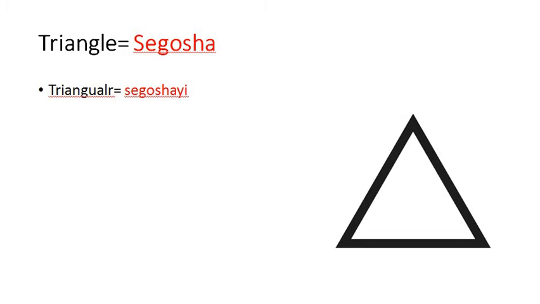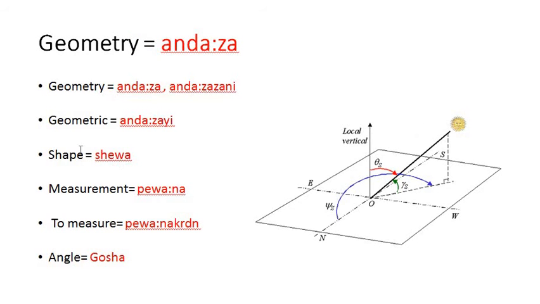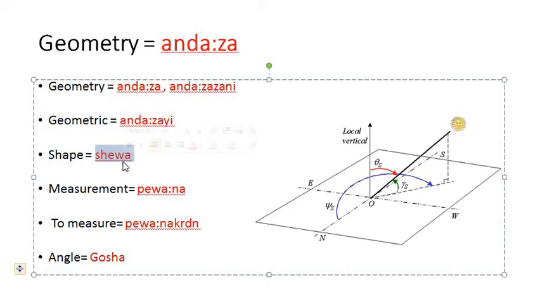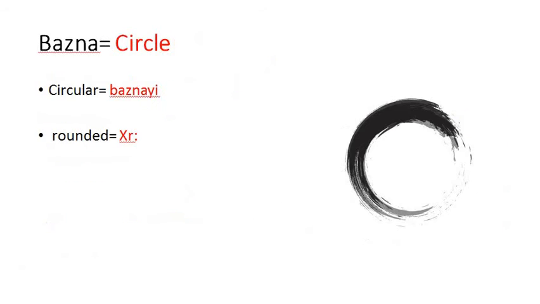We have triangle. As you see, by the way, I forgot to say something here. Here you feel that Kurdish is an Indo-European language. Shape and Shewa, these words are close to each other, so they came from one ancestor, not sister, ancestor.